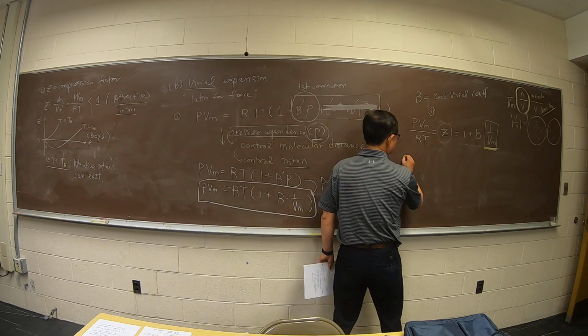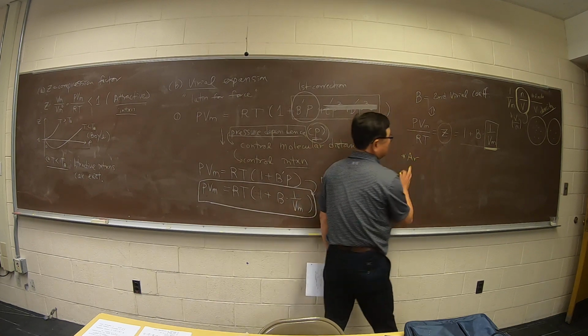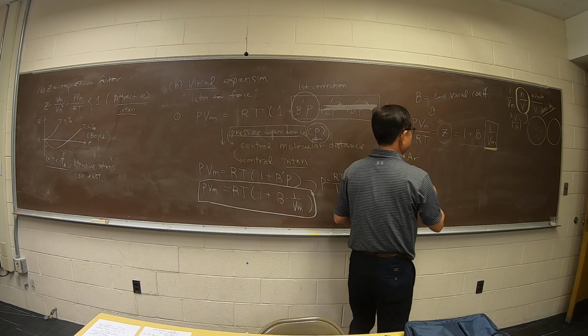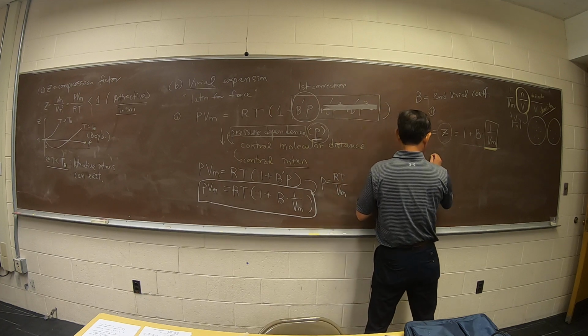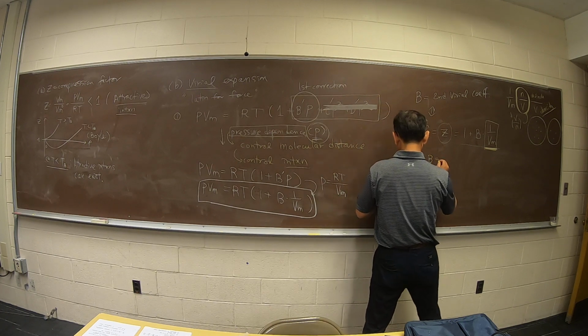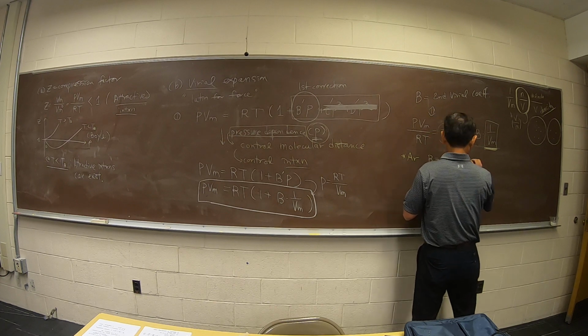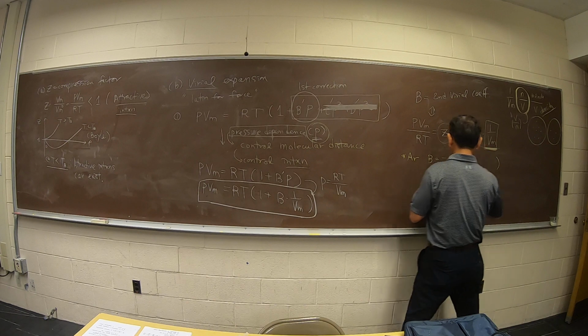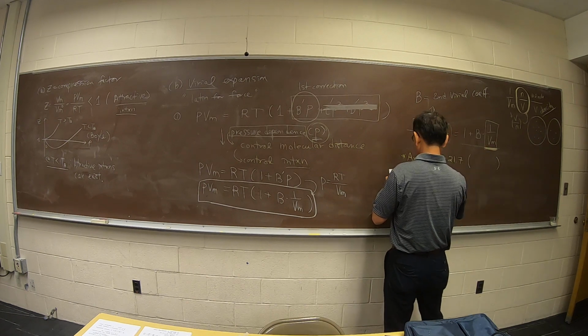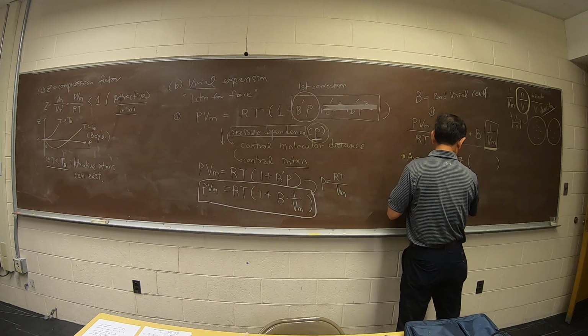Okay, so here's actual data. This is the one that people can tabulate, and for argon, B is minus 21.7. I'm going to leave the unit blank, because I want you to get used to dealing with this unit.